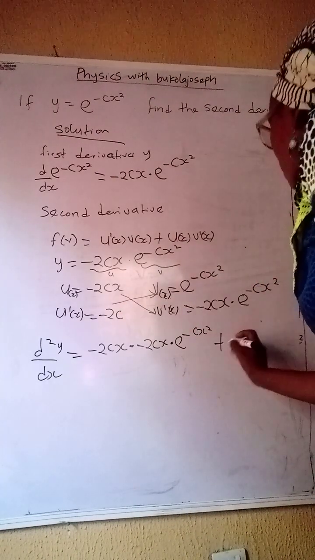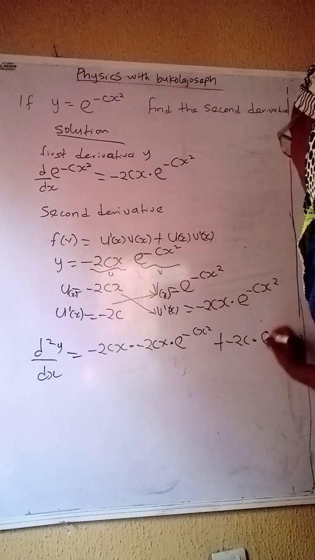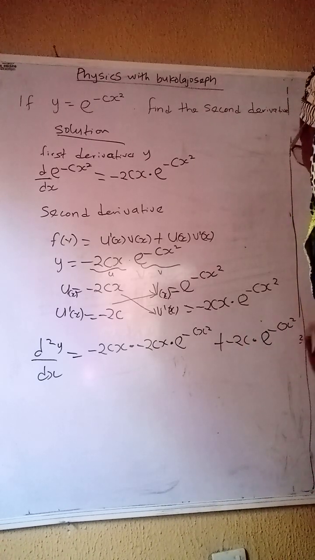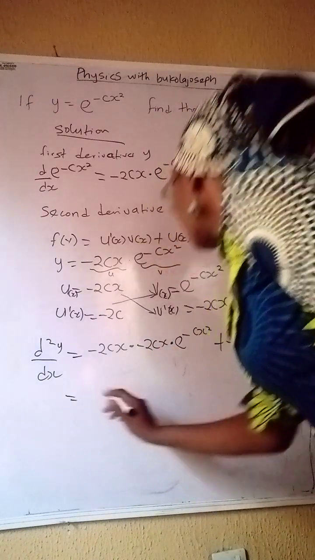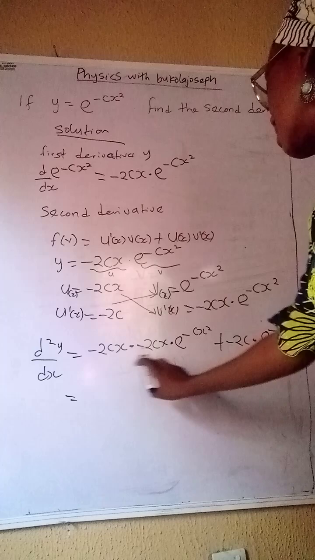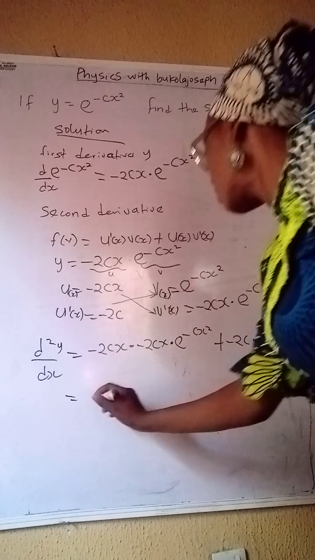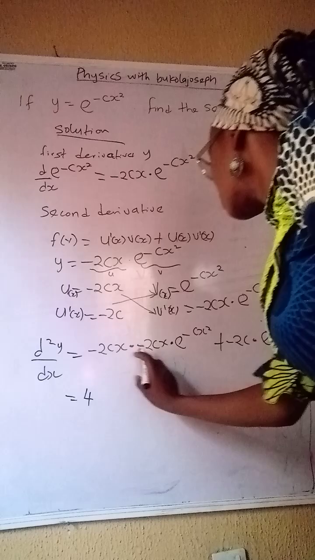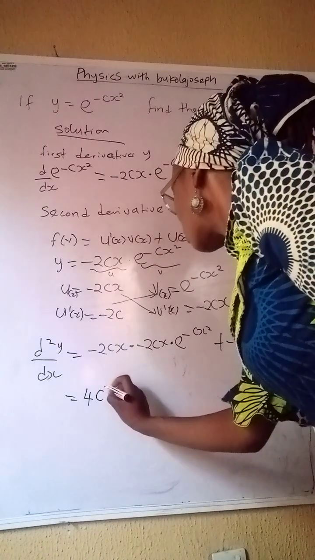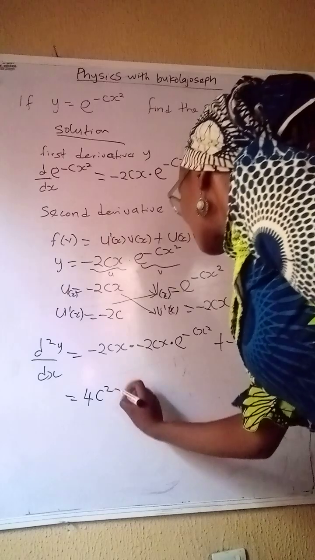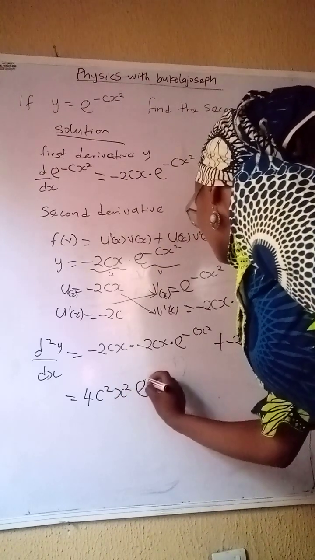Now let's simplify. Minus times minus becomes multiplication, so minus 2 times minus 2 gives us 4, c times c gives c², x times x gives x², and the exponential e^(-cx²) comes here.